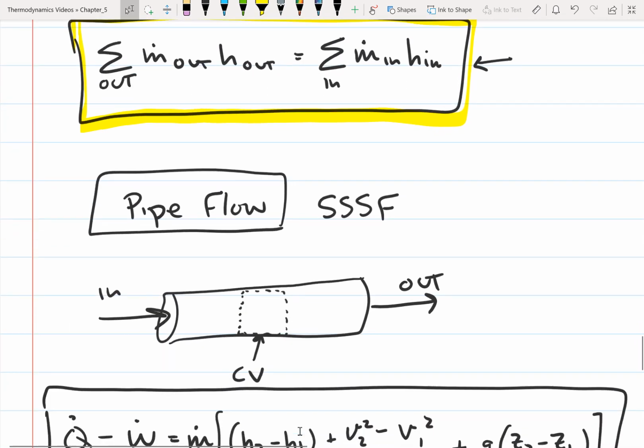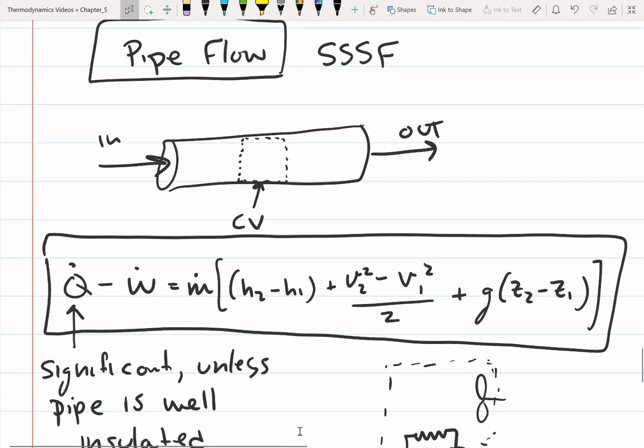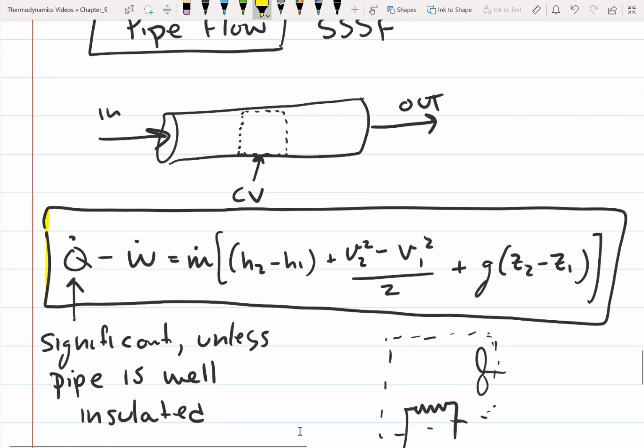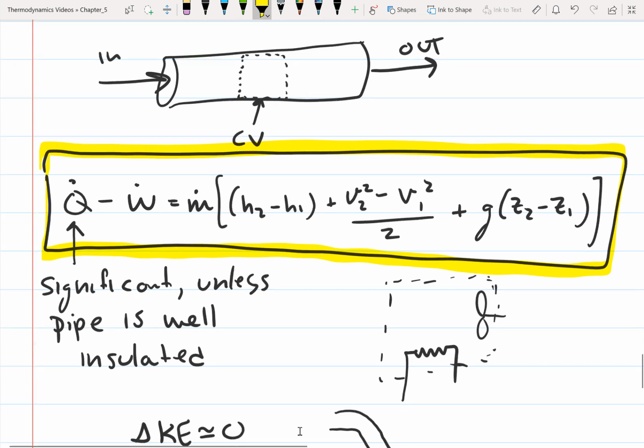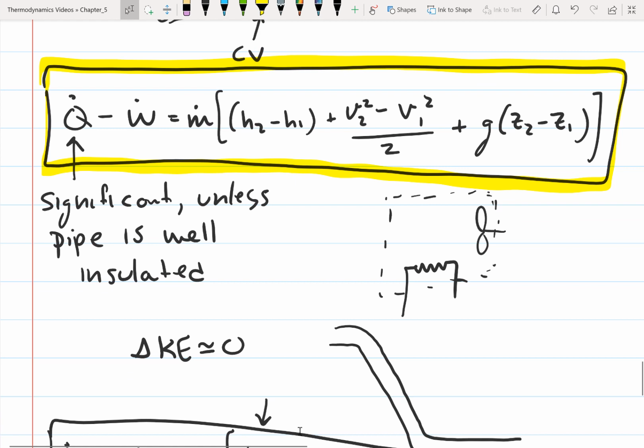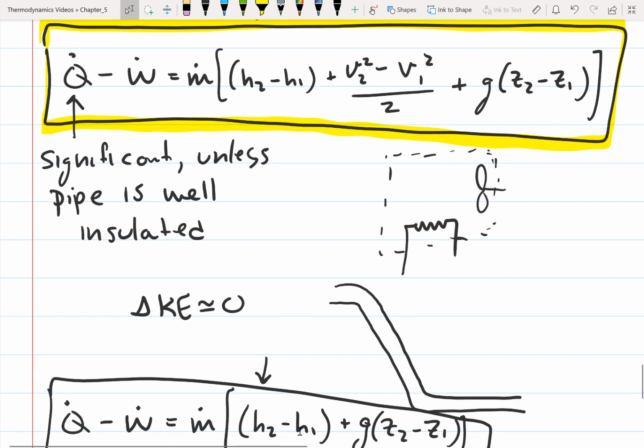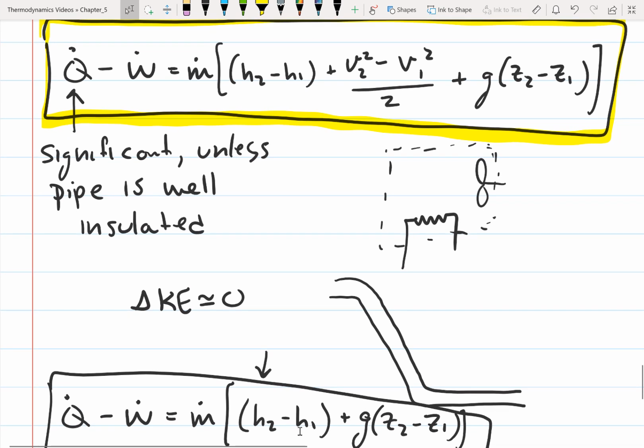And then for pipe flow, there are a lot of variations we can have with pipes. So I think it's often best to start with just the general energy balance equation. But then we can go through and say which terms are zero depending on what our system is. So if the pipe's well insulated, often Q is zero. If there's no work input, say from an electrical heating unit or a fan, the work term is often zero.